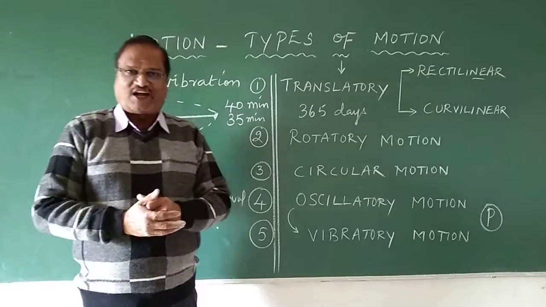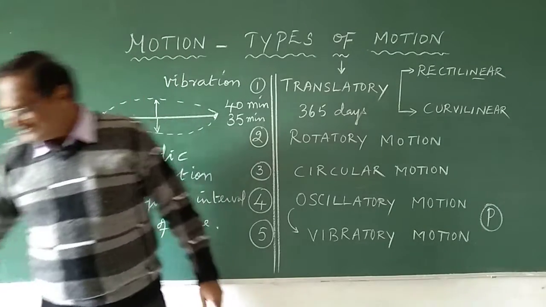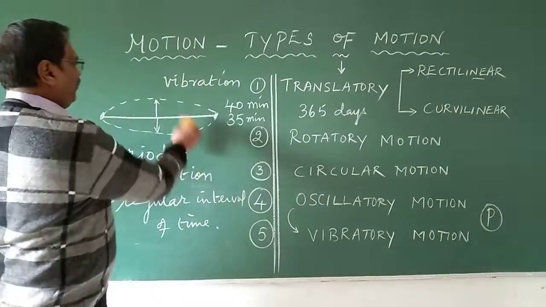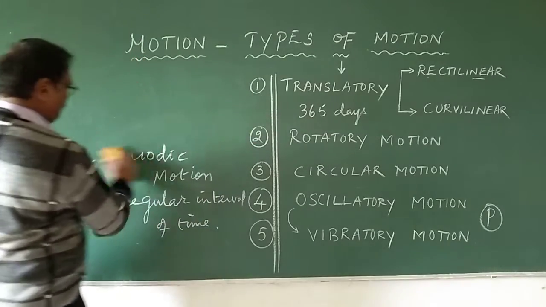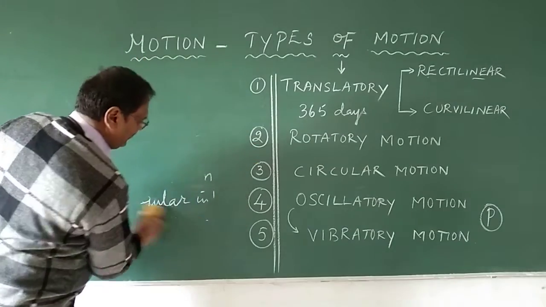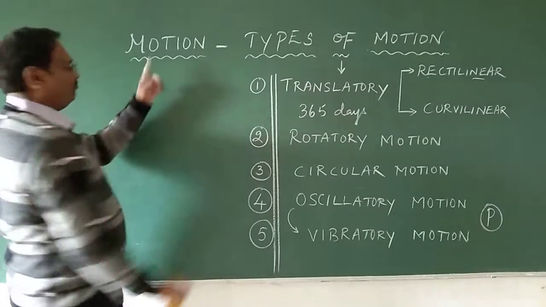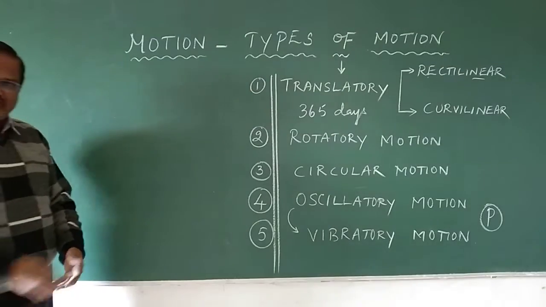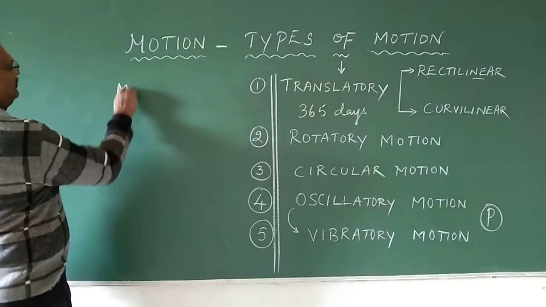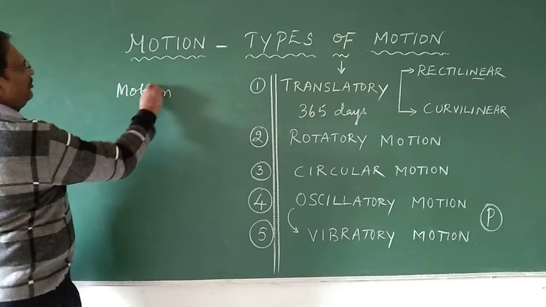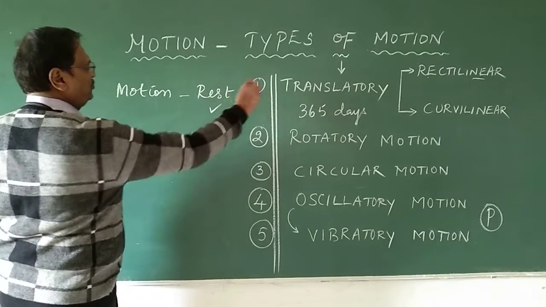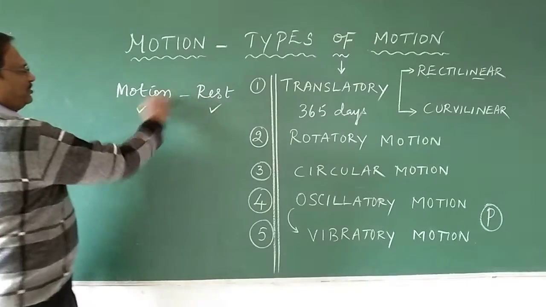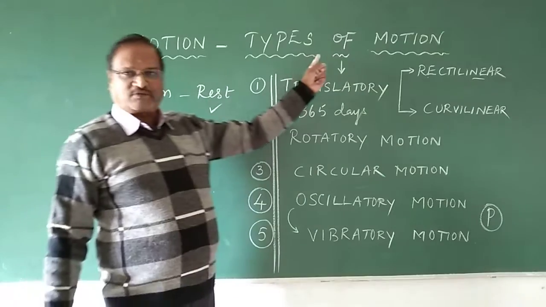Dear students, let me summarize what we learned in this video and the previous video together. This is about motion. We discussed motion, and we discussed rest. In rest, the body does not change its position; in motion, the body changes its position. So what are the different types of motion?